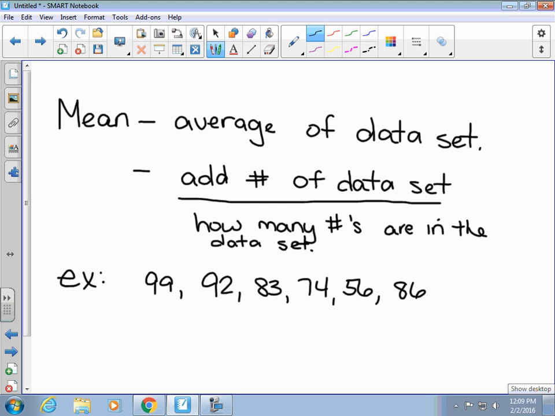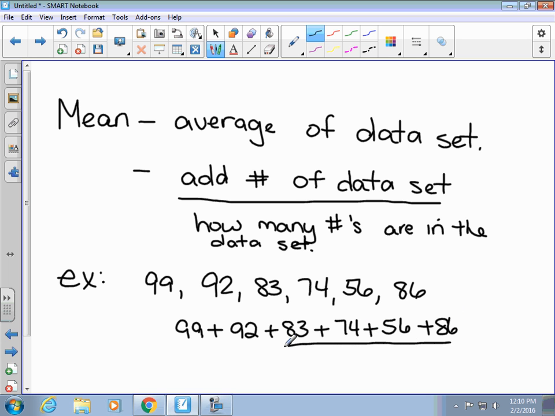If I ask you to find the mean of this set of data, you would add these numbers together using your calculator, and then you will divide it by how many there are. Here's 1, 2, 3, 4, 5, 6. So you would divide that by 6.